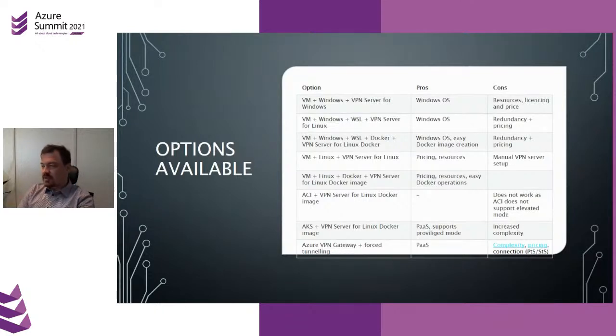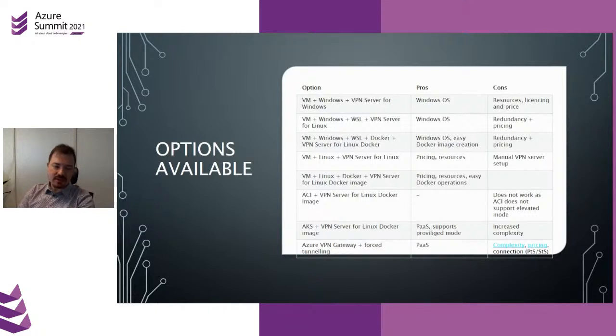The answer for this is, it's a good solution, but not for the networking stuff. I mean that if you want to spin up a VPN server inside this Docker image, you have to run your Docker container with privileged mode. And Azure Container Instances does not support privileged mode for Docker containers.